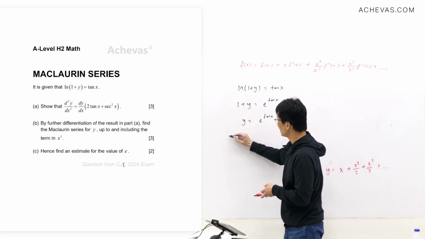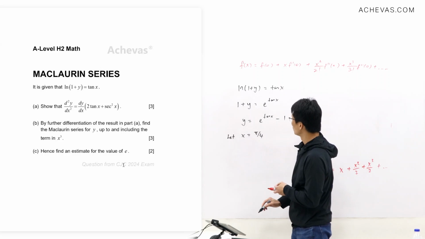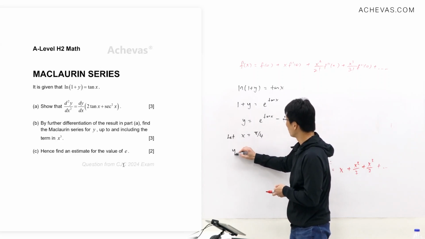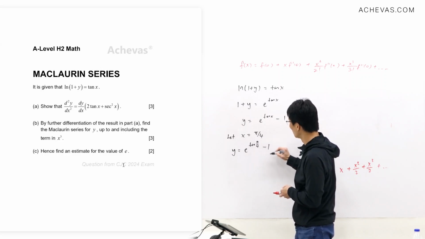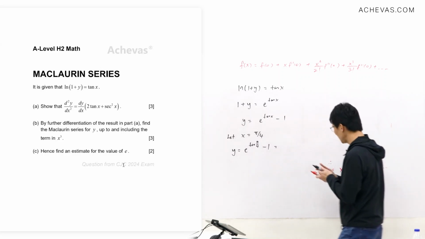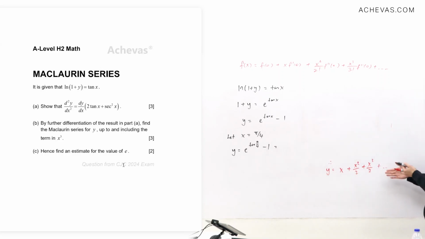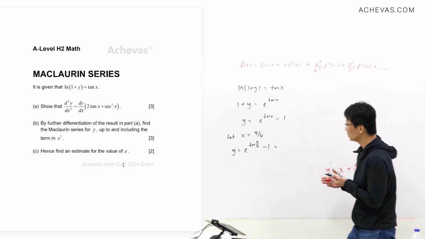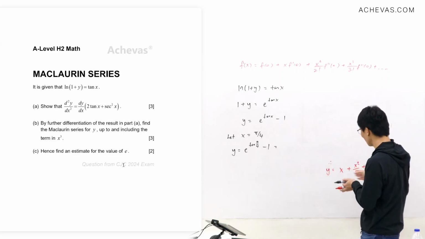So maybe I can just let x to be pi over 4. So when x equal to pi over 4, I'll just get y equal to e to the power tangent pi over 4 minus 1. And also, this is an approximate value for y. This is the expression. So if I will be subbing x equal to pi over 4 into here, that means I should also sub x equal to pi over 4 into here also.